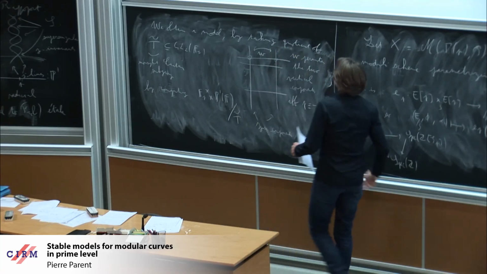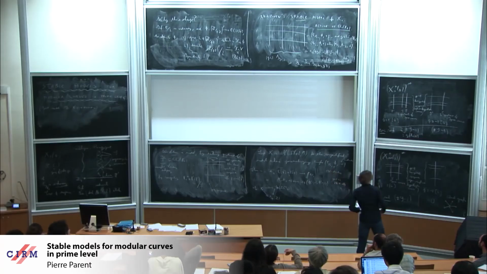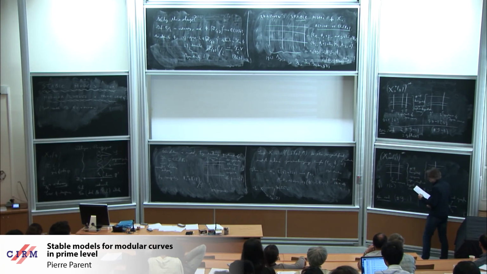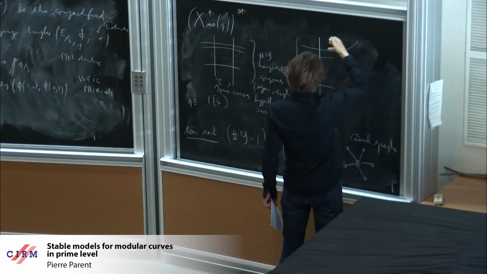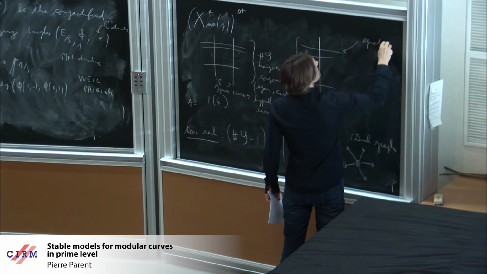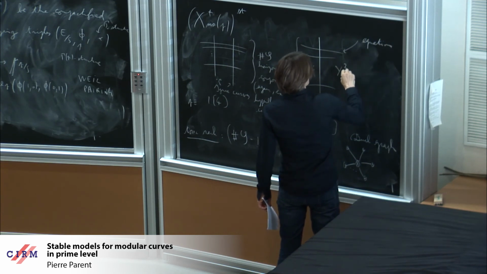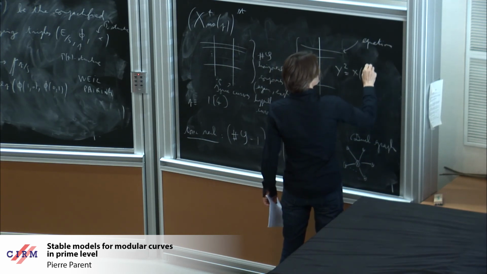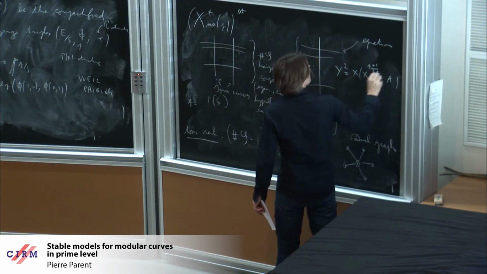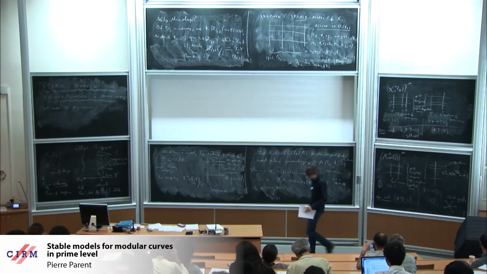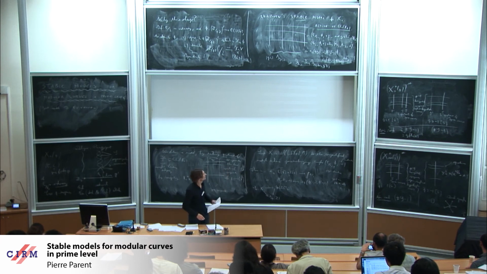So again, this is just a bit of group theory. So this explains those models. To be completely explicit, let me give some instance of equations of the horizontal components. They are just given by y squared equals x times x to the (p+1)/2 plus something. And this is in the generic case, or we can make it 2e if we want to describe all the horizontal components. But this is very, very concrete.